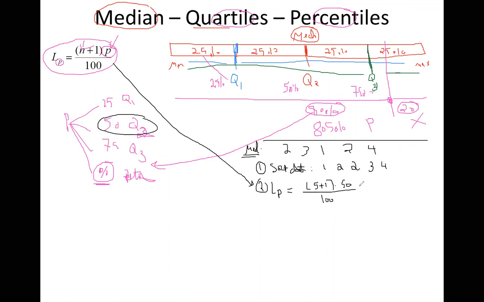If you have a calculator, they equal 3. What is the meaning of 3? That means the position of the median in this data is the value number 3. Just now count: 1, 2, 3. So then the value number 3 equals, so step 3, find the value.